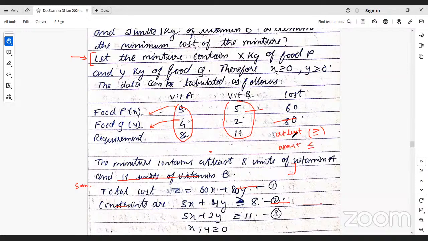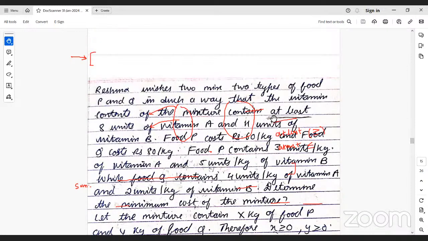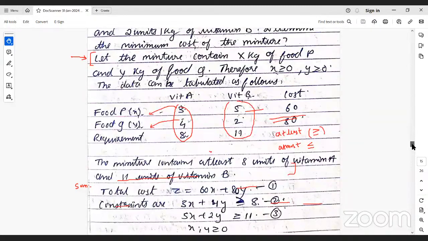You can see here in the question the word at least has occurred, so you need to make use of greater than equal to. And when at most occurs, we need to make use of less than equal to. So remember students, these 2 points: at least and at most.